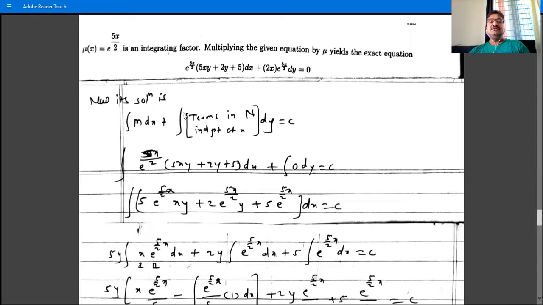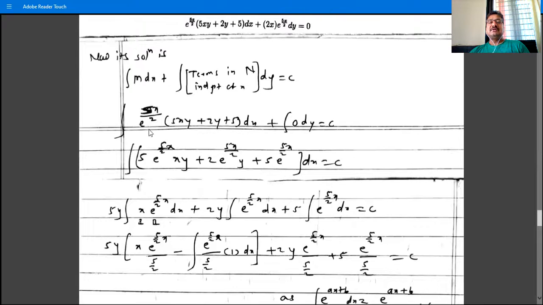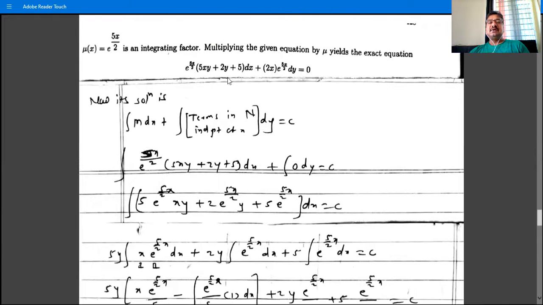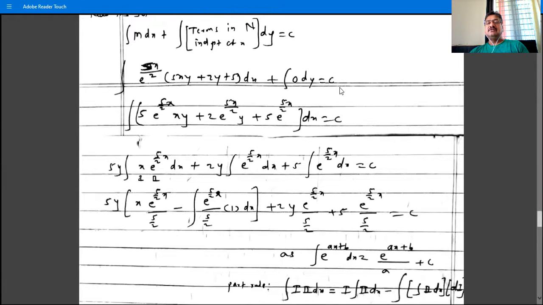And now its solution is the integration of M dx plus the integration of the terms in N independent of x dy is equal to a constant. So write M as it is, M dx, plus the terms in N independent of x. There is only one term which depends on x, so 0 dy is equal to a constant.